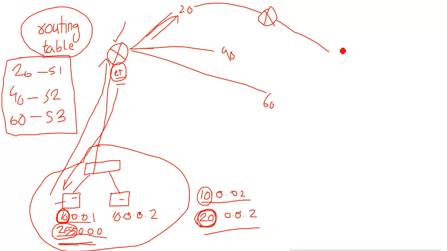Maybe there is another router connected to that router. These are neighboring routers. So it sends the data to the neighboring router. Now maybe this router has that network connected, so it can send the data to that network, and then it will reach that machine.